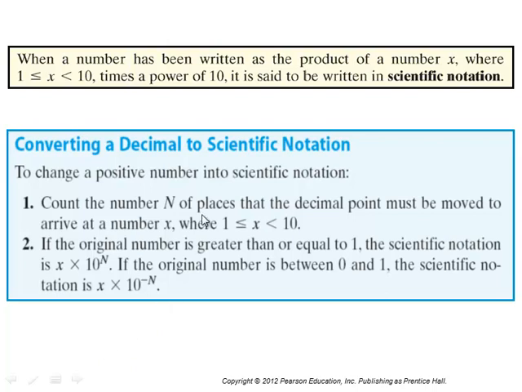Basically, you have to count the number of places the decimal point must be moved to arrive at a number x where x is greater than or equal to 1 and less than 10.